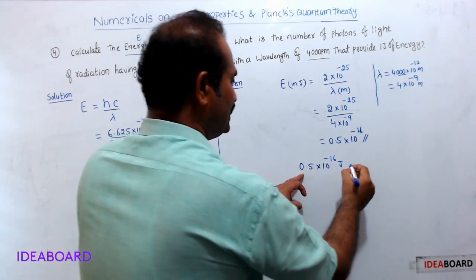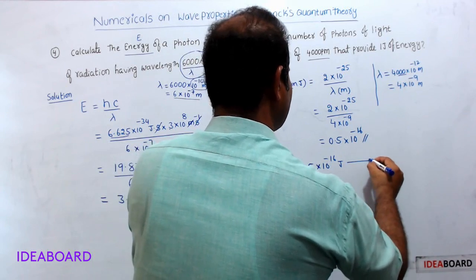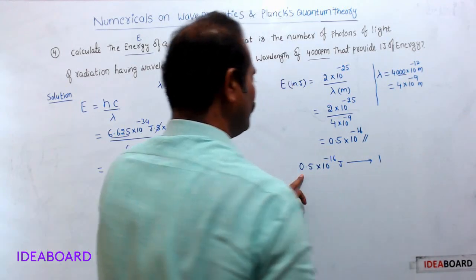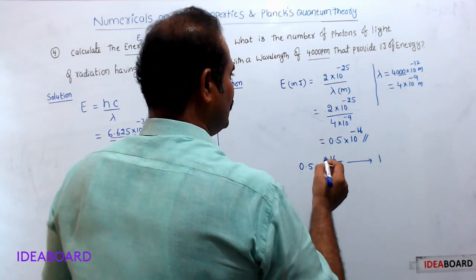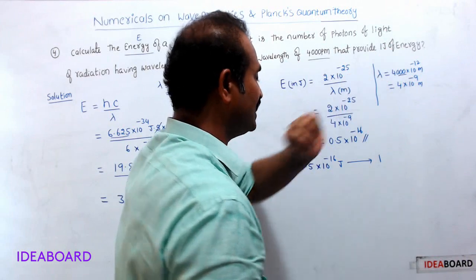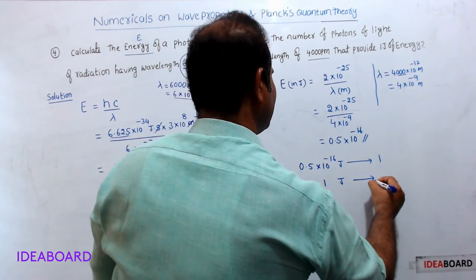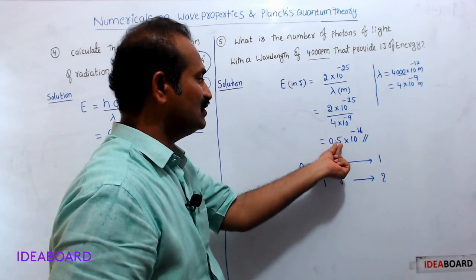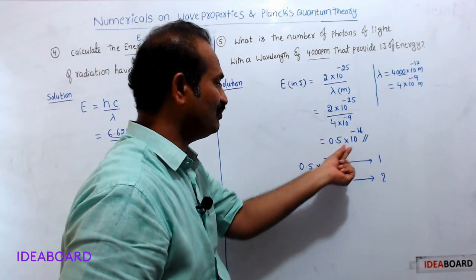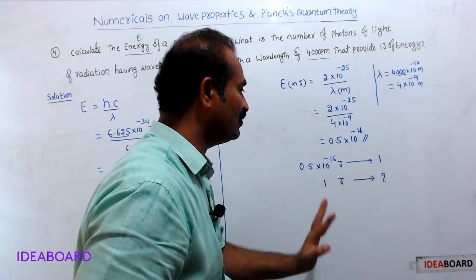Corresponding to this energy, there is one photon. We need to find the number of photons corresponding to 1 joule.